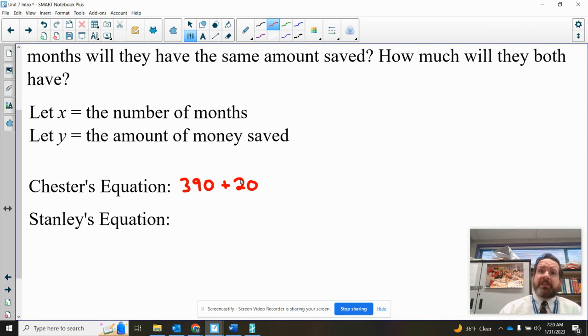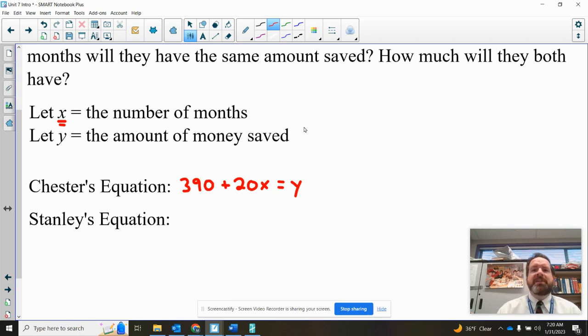After 2 months, I want the 20 to have been added on 2 times. And after 3 months, I want the 20 to be added on 3 times. So the thing to do is to take my number of months times that $20. This represents his savings added on to the original. Put that all together, and that's the amount of money that he will have saved in total.